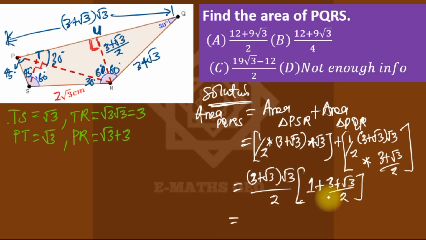And again, we can open up. This is 3 root 3 plus 3 over 2, which is 5 plus root 3 over 2.